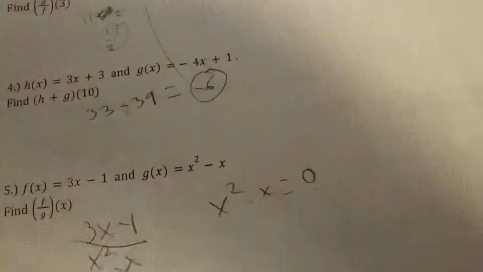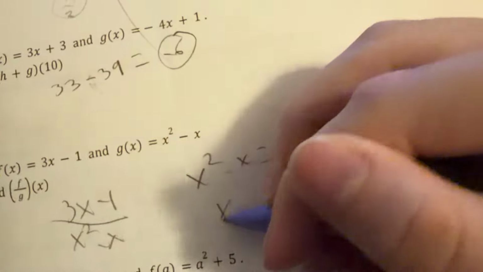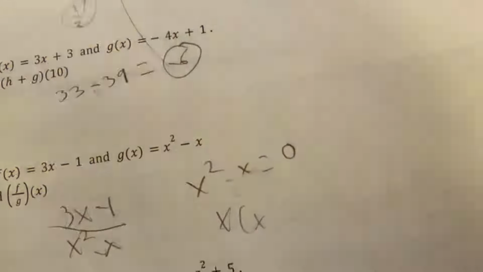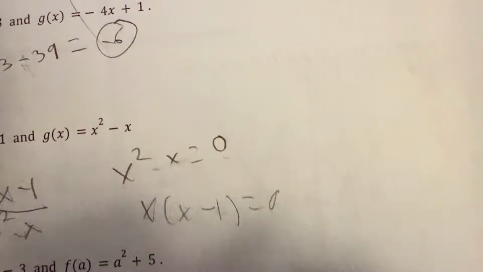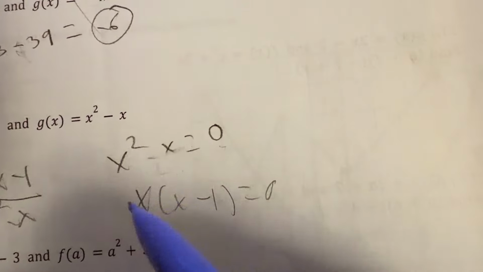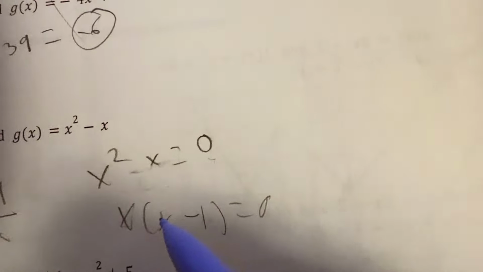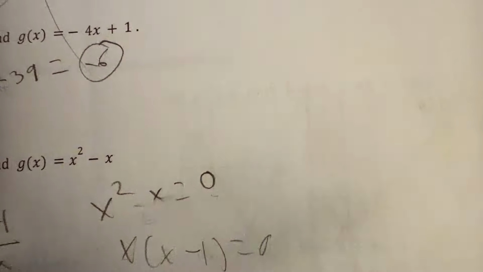So you factor out this x. I think it's the distributive property.